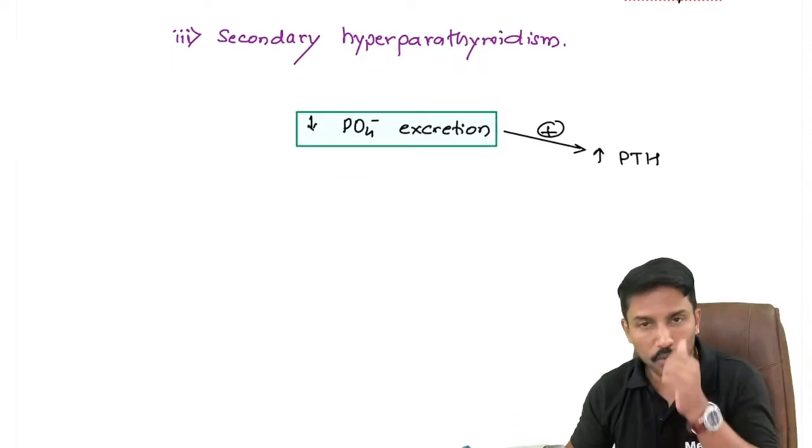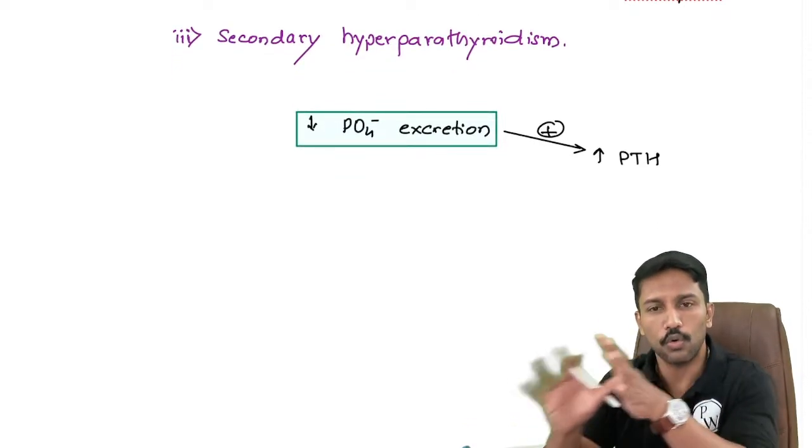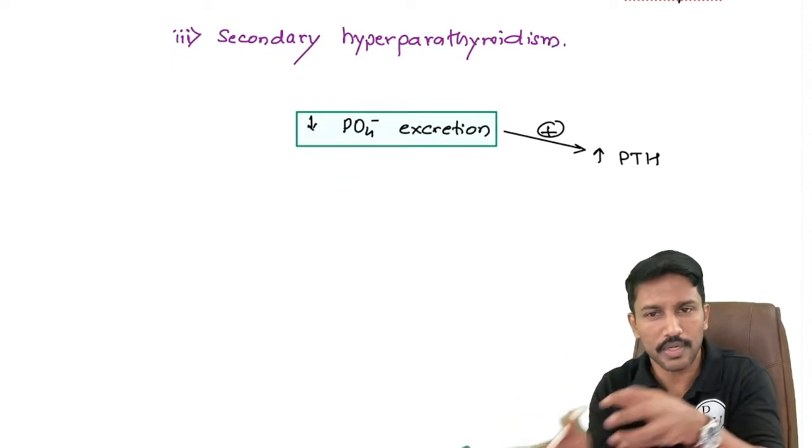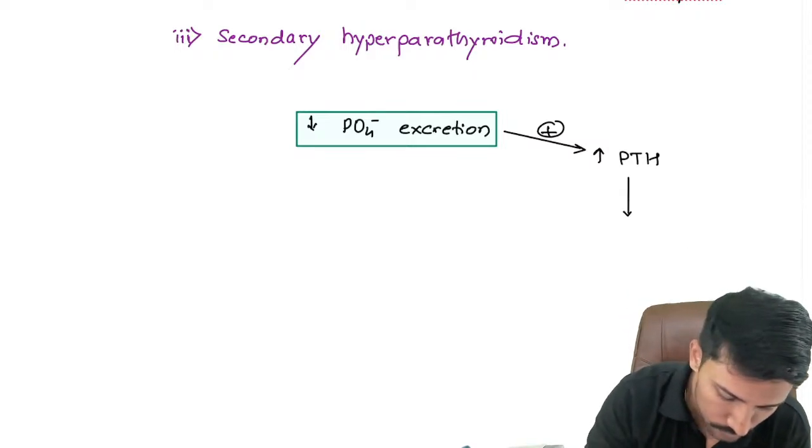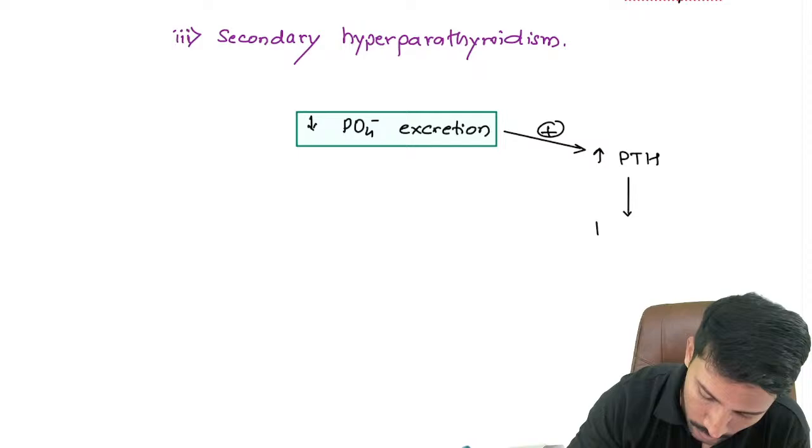Now what this parathormone will do now? Parathormone will go to the bones, dig the bones and bring the calcium out. So this can lead to increased bone turnover.